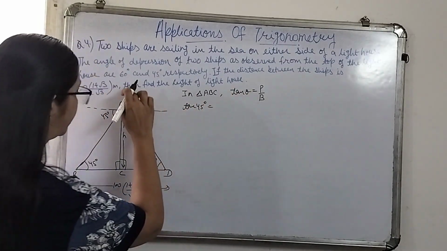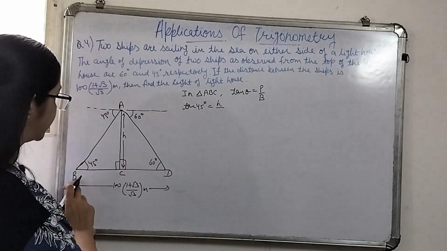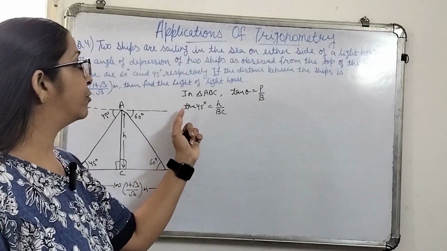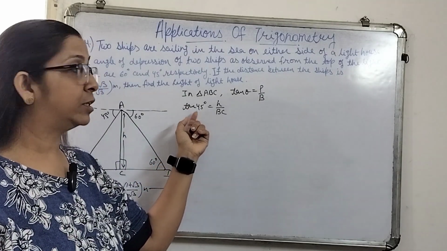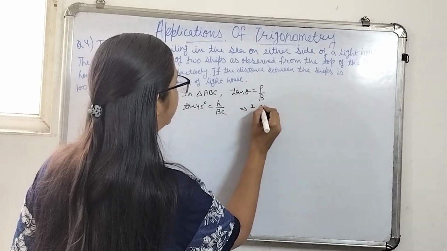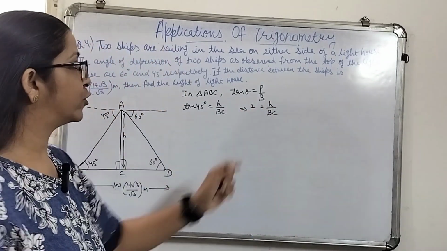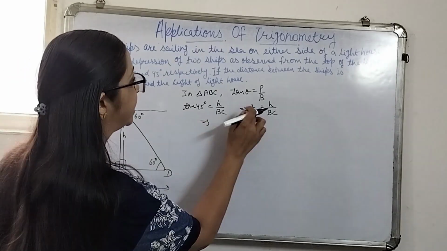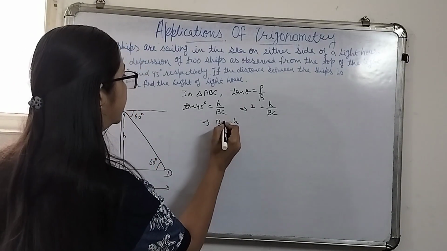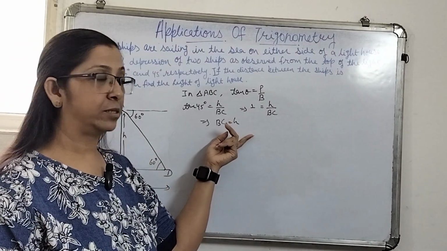It is equivalent to perpendicular, which is h, we had assumed it, and base is BC. Value of tan 45 from the table, we know that it is 1. That is equivalent to h over BC, or we can say from here that BC will be equivalent to h. The distance BC is equivalent to h meters.